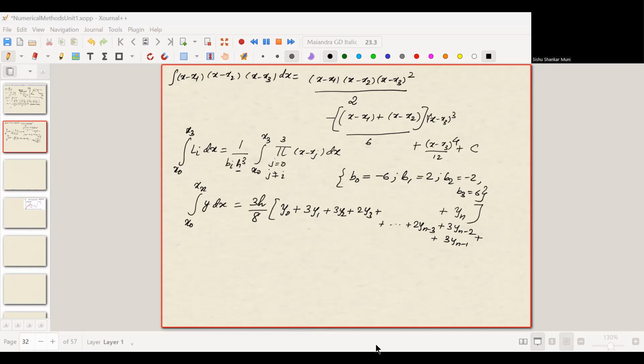So if i modulo 3 is equal to 0, that means if i is divisible by 3, then you add 2 times that function. Else you add 3 times that function. Now, can we match this up here?